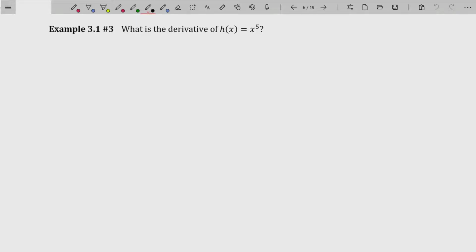So what is the derivative of h of x, which is equal to x to the 5th? Now I specifically chose this example because I want to remind you of a prerequisite skill. And if you're my student, then you know that I like to sneak that stuff in as often as possible to kind of keep it in your mind.